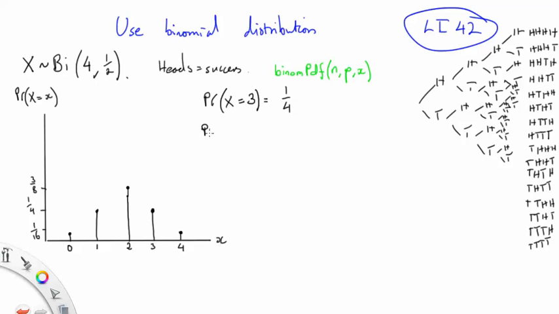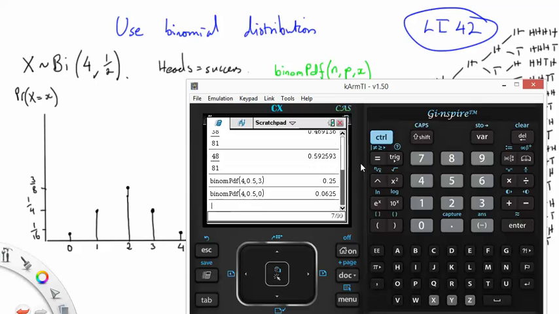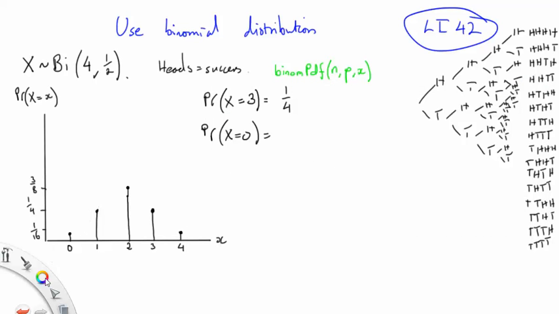You can find the probability of getting 0 heads. Let's get out our CAS again. Binomial PDF. So 4 trials, 0.5. What's the probability of getting 0 heads? 0.0625, which is 1 on 16.